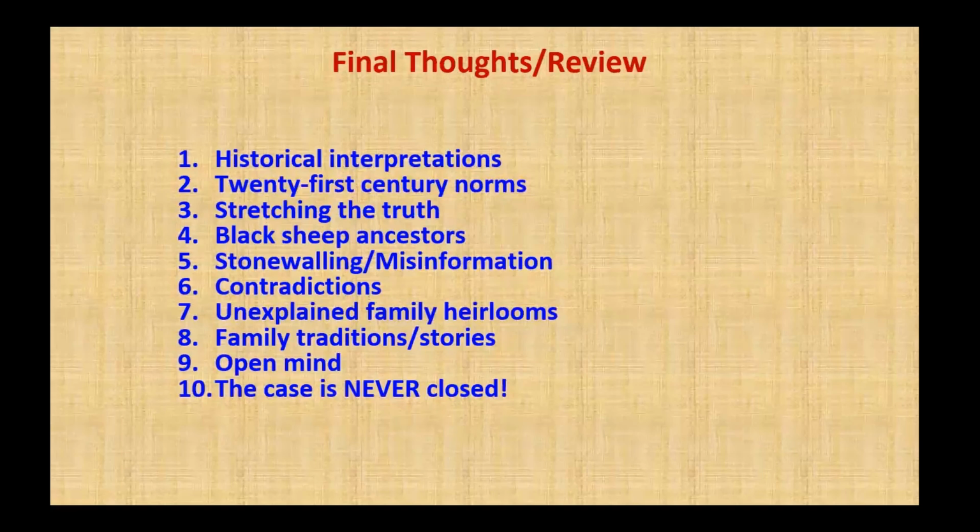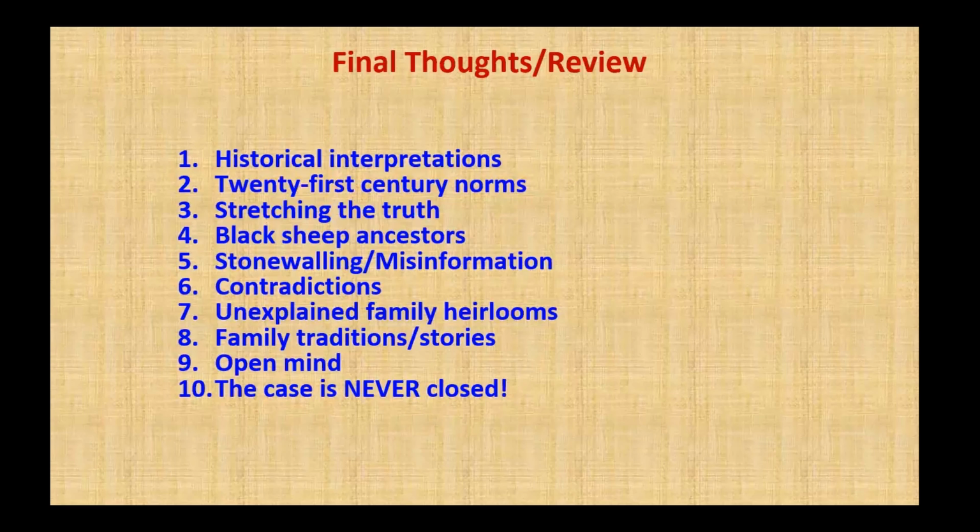Number three, stretching the truth may happen, as in liberties taken in family stories and traditions. Number four, be careful about perceptions regarding the family black sheep. I actually have a study guide on black sheep, and I've done multiple presentations about black sheep ancestors.